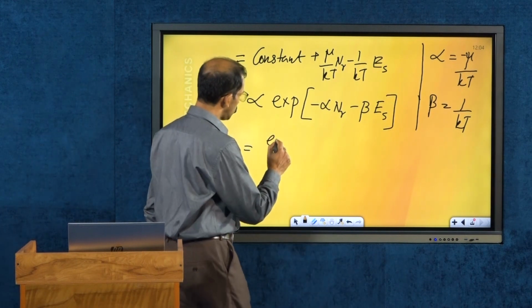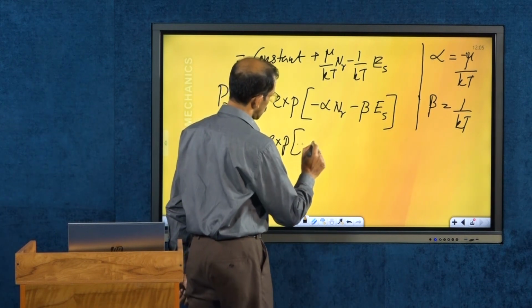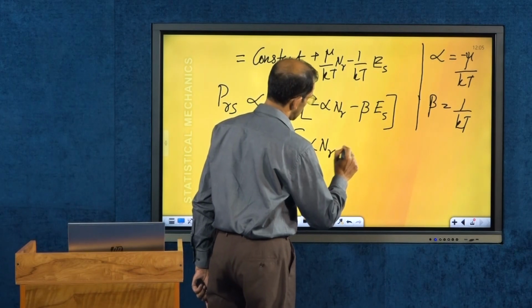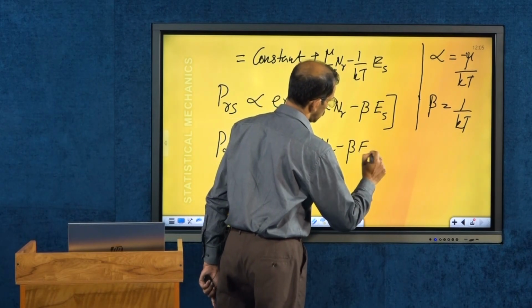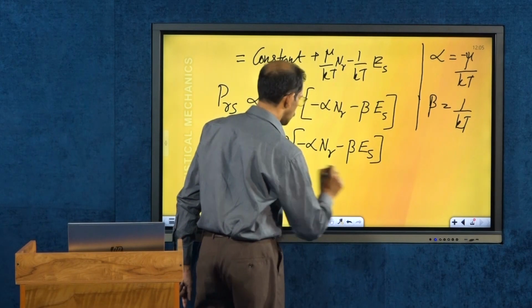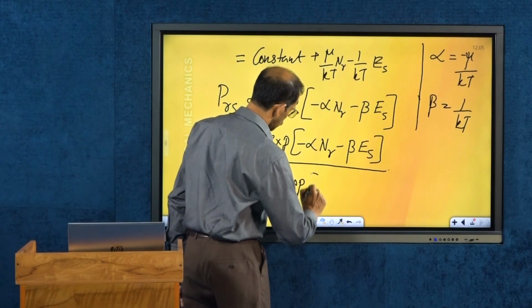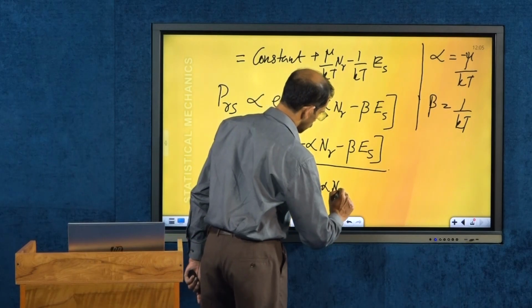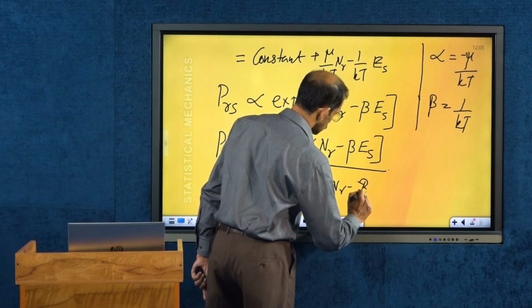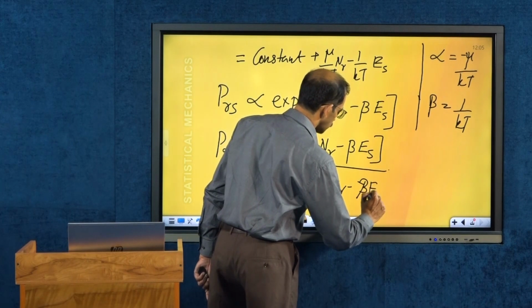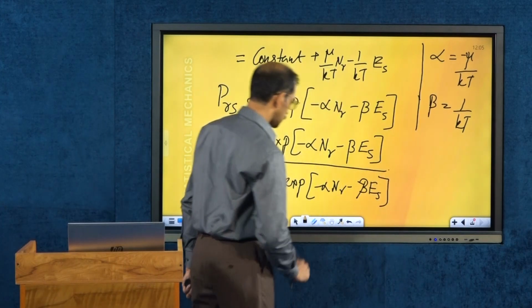Therefore, exponential minus alpha nr minus beta Es divided by the sum over exponential minus alpha nr minus beta Es.